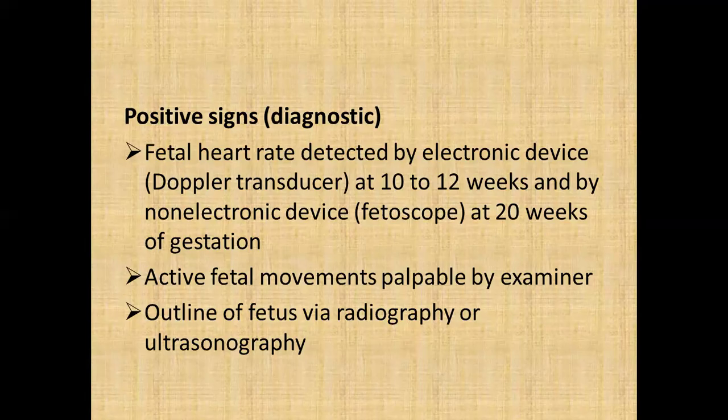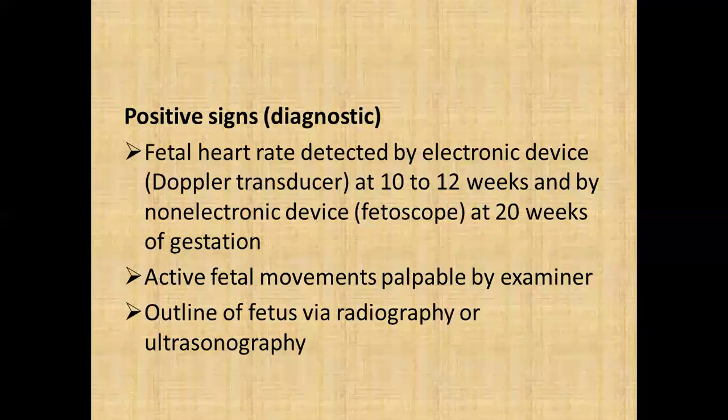So when you are able to assess your fetal heart rate, we term that a positive pregnancy sign. The positive pregnancy signs are only 3: fetal heart rate assessment, then active fetal movement palpable by the examiner.